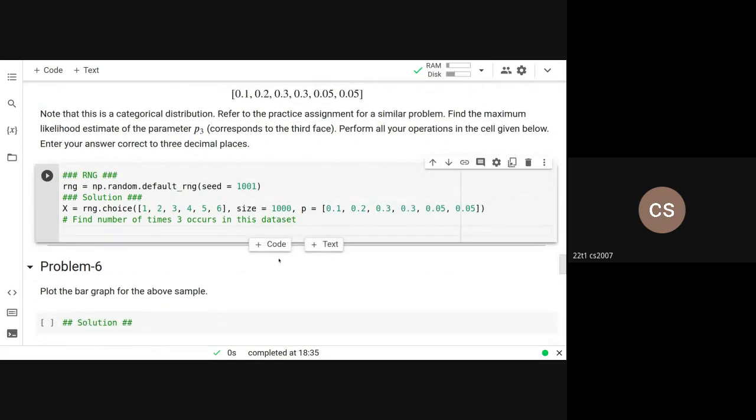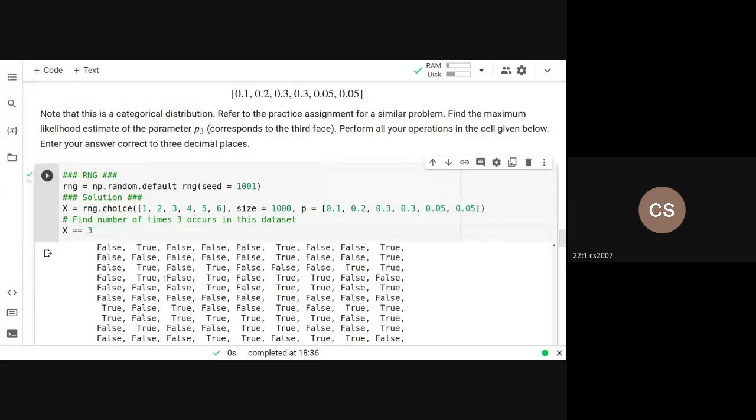Okay, so we can do this via the usual for loop, but NumPy has a nice facility. I'll just show you what that is. Let's say x double equal to 3 and simply run it.